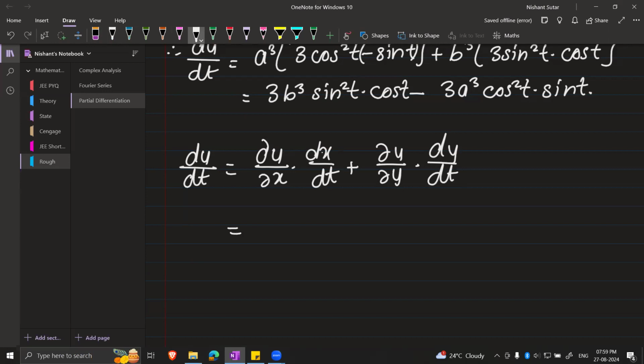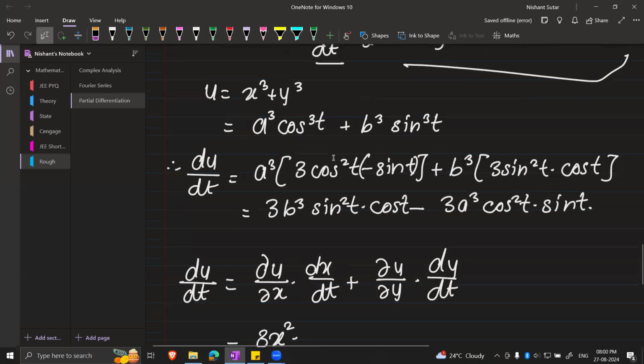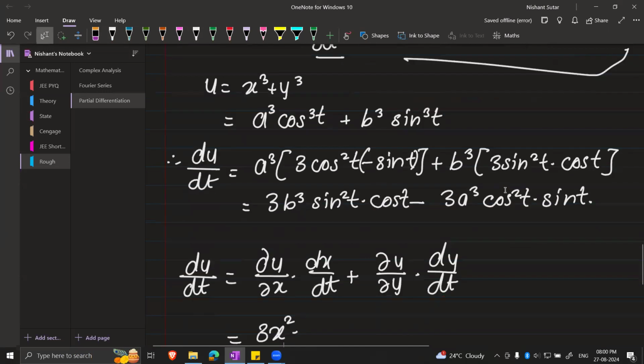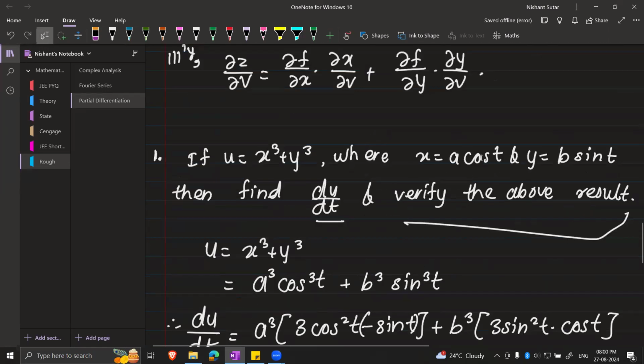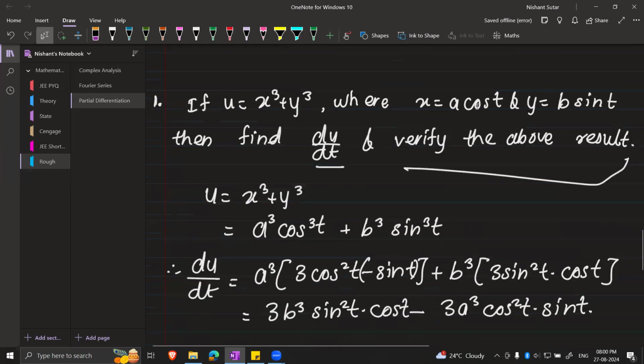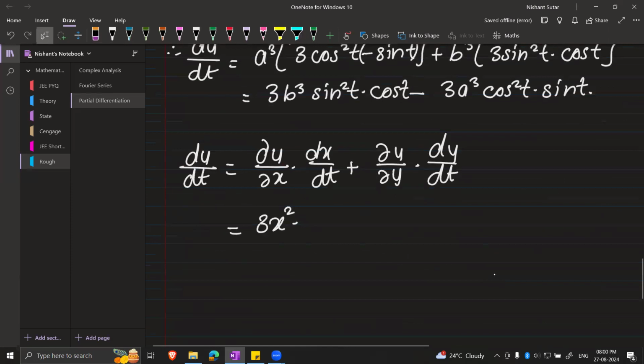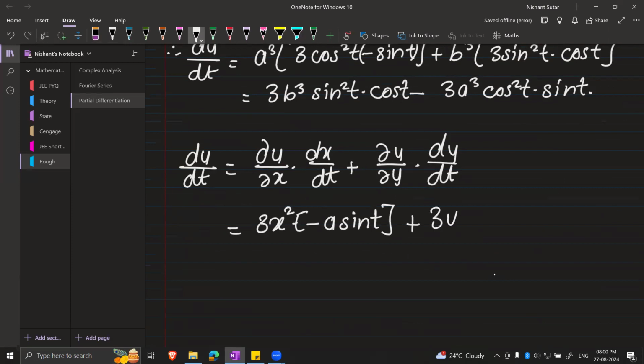So del u by del x is 3x square into del x by dt. So from here you can find that this is minus a sin t, plus del u by del y is 3y square and del y by del t is b cos t.